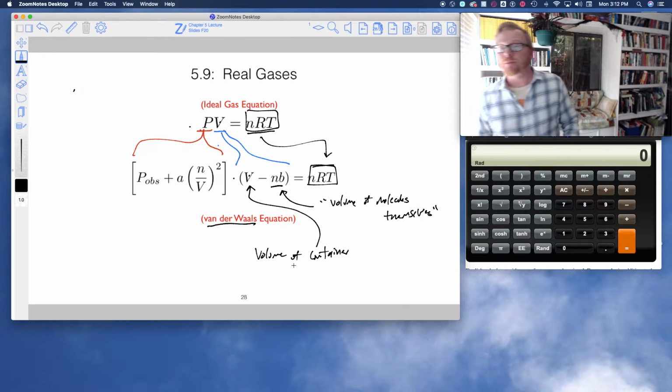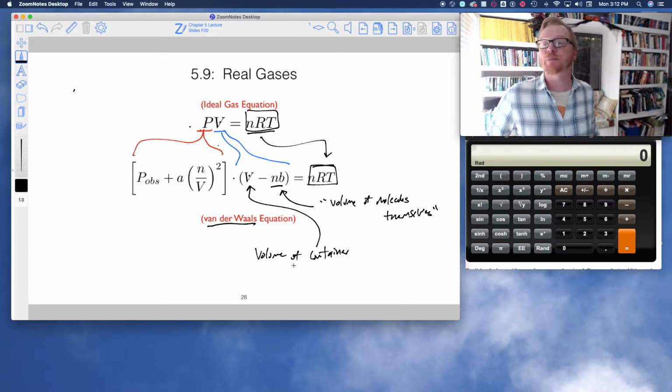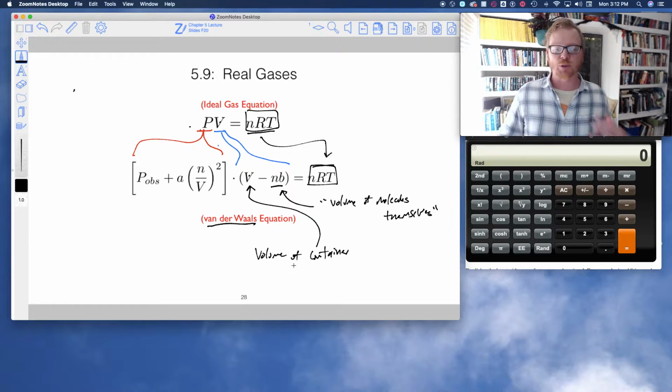Because those molecules occupy real space, we have to subtract that real space out of the volume of our container to quantitatively have a correct determination of volume.